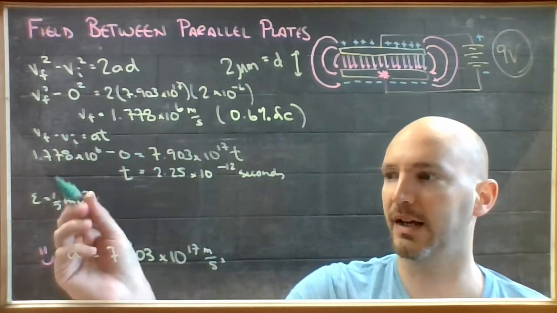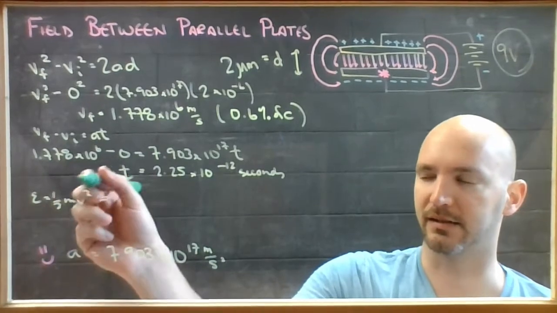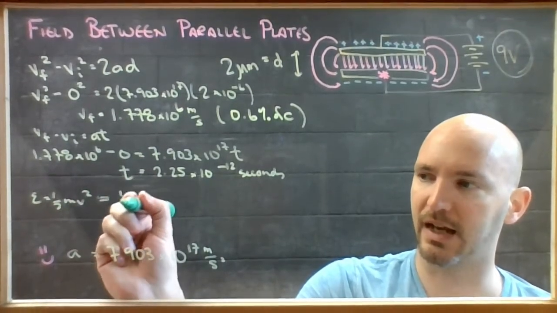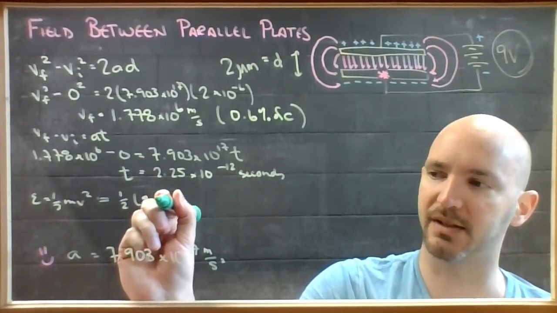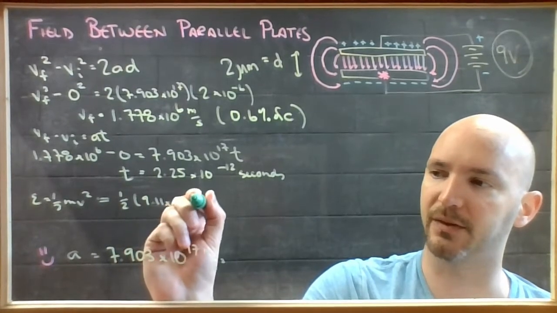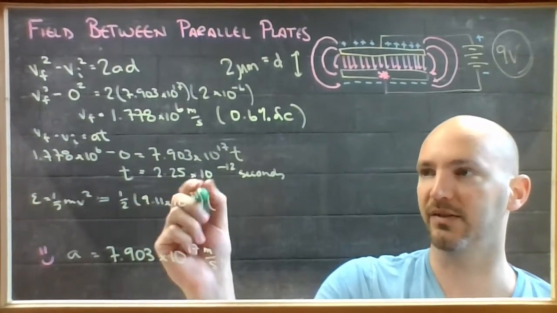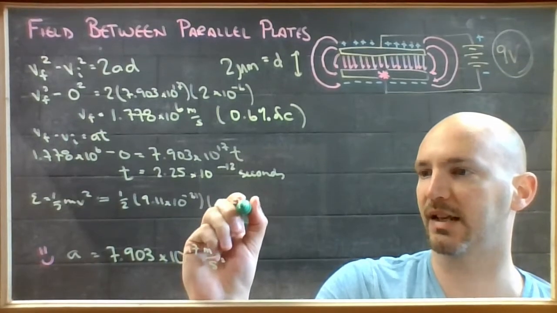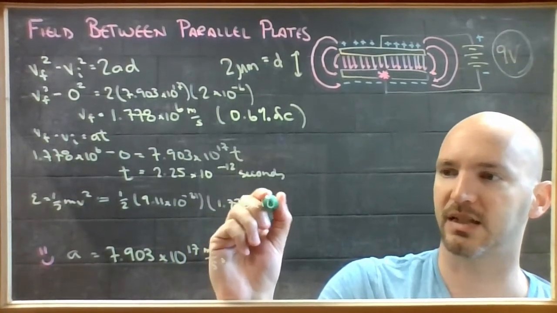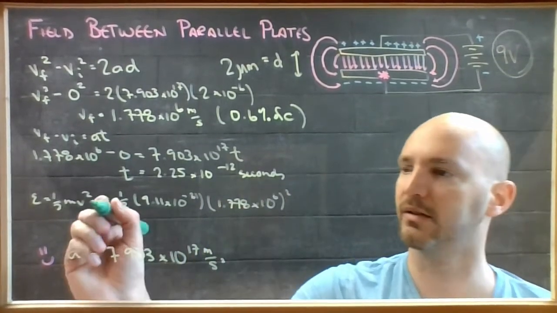Okay, so I can get kinetic energy here, right? 1/2 the mass of the electron, which is 9.11 times 10 to the negative 31, and the final speed is 1.778 times 10 to the 6, squared.